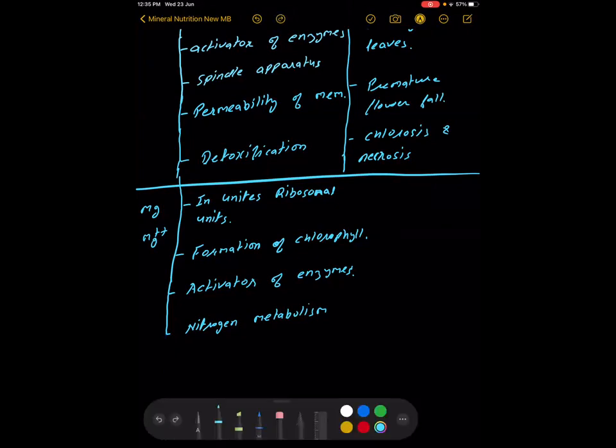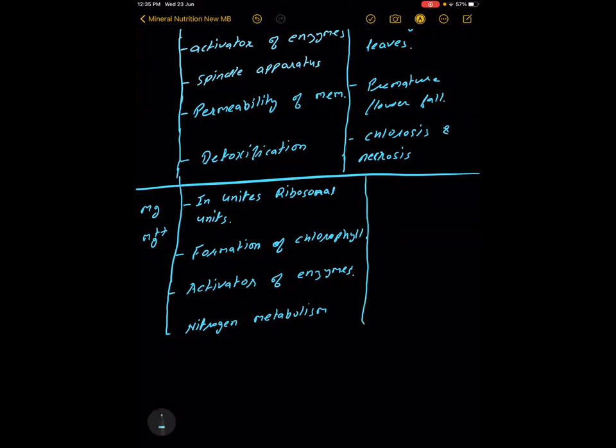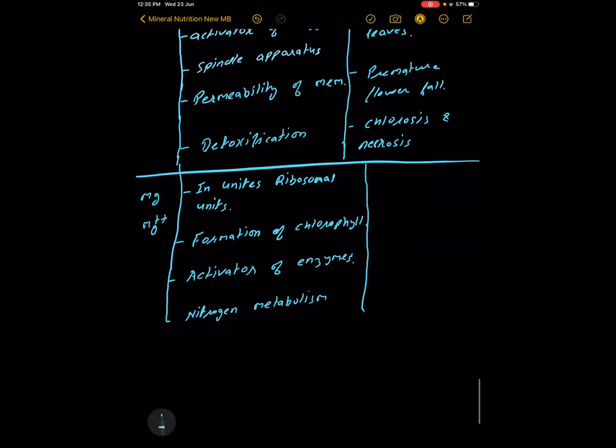Next is deficiency. Here, intervenal chlorosis occurs. Between the veins, chlorosis starts first.